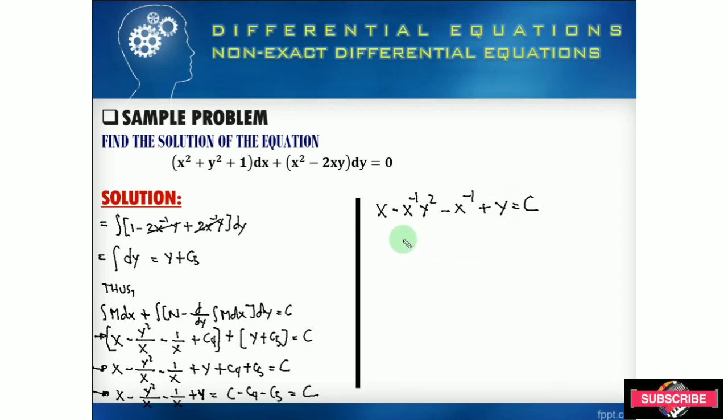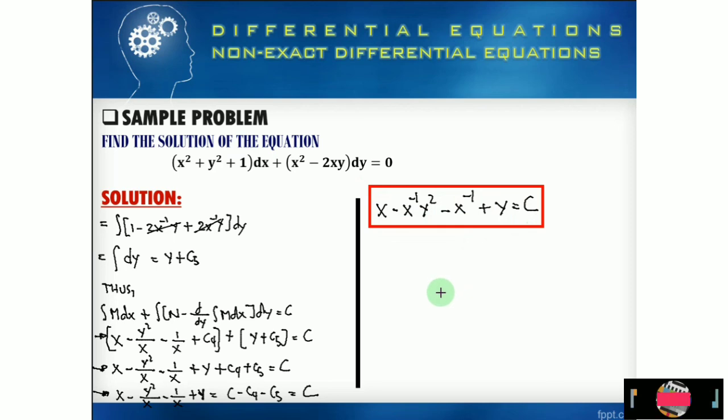So actually this is our solution to the given non-exact differential equation: x minus x raised to the negative 1 times y squared minus x raised to the negative 1 plus y is equal to c. This is our final answer.